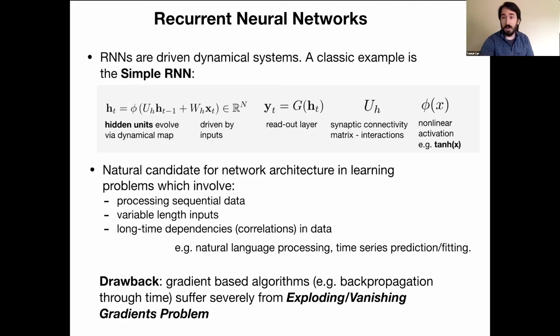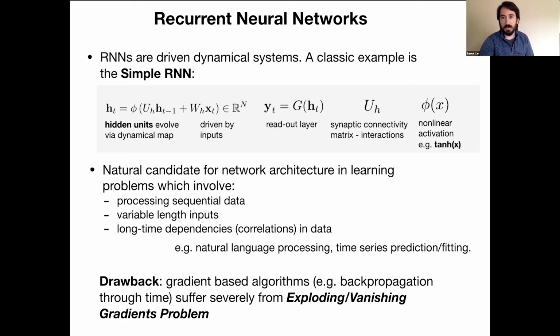The trainable parameters in this model would be the synaptic connectivity matrix U, as well as WH, which multiplies the input. And phi is a nonlinear activation function. We take it, for example, to be the hyperbolic tangent.